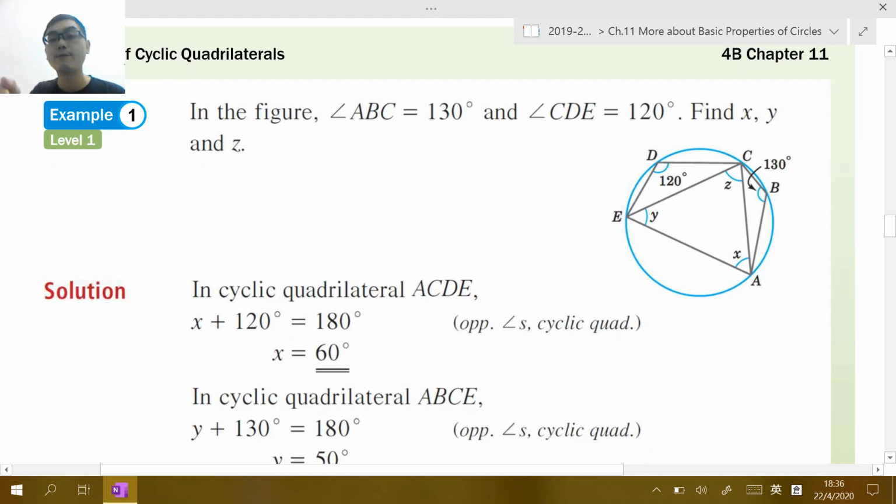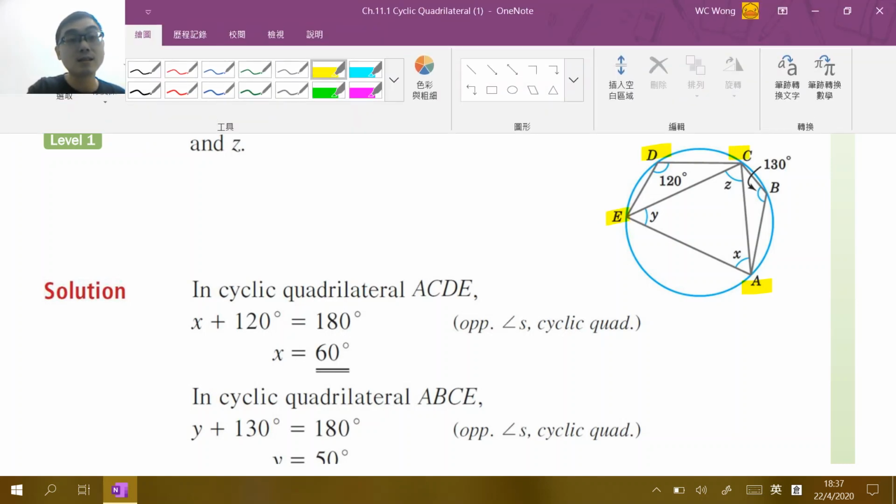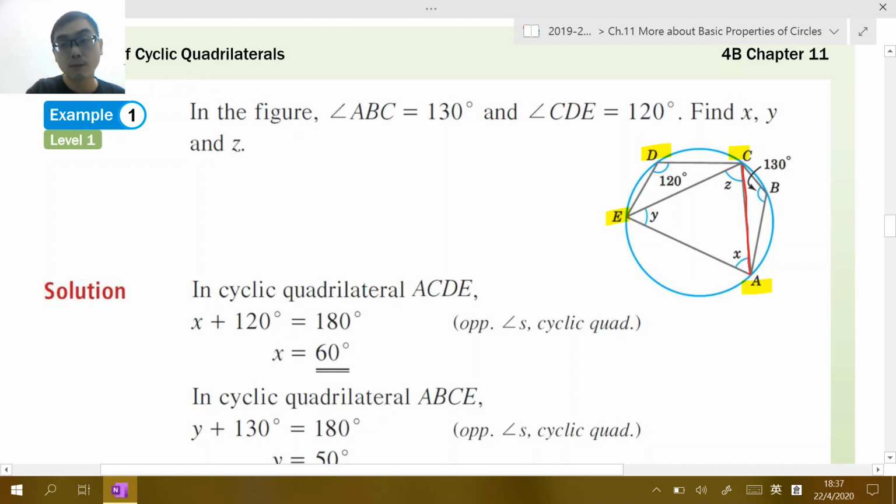Here you have 5 points, so you can draw 5 lines as a pentagon, but the pentagon is not what we are interested in. The most important thing is that we can take any 4 points in this figure. For example, this time I take A, C, D, and E. Then ACDE gives you this quadrilateral, and surely it should be cyclic. Why? Because all these 4 points lie on the circle, so you know this is a cyclic quadrilateral.